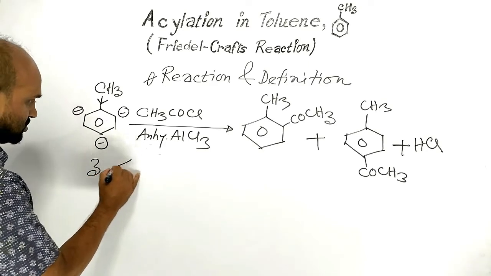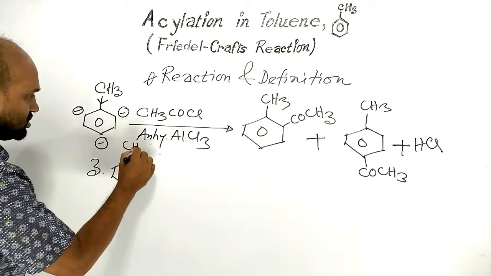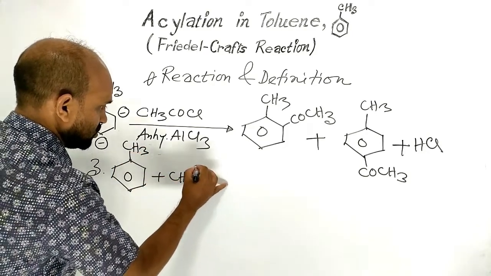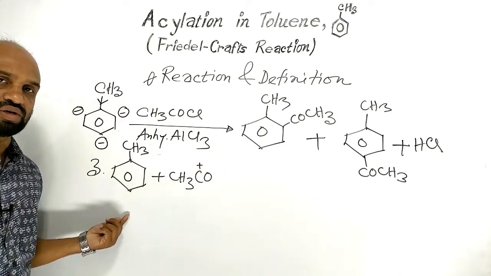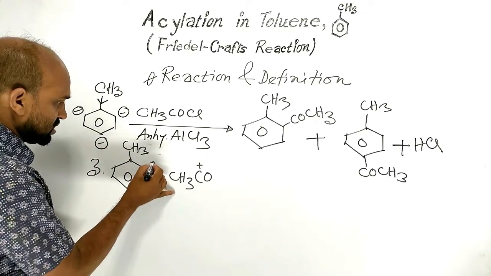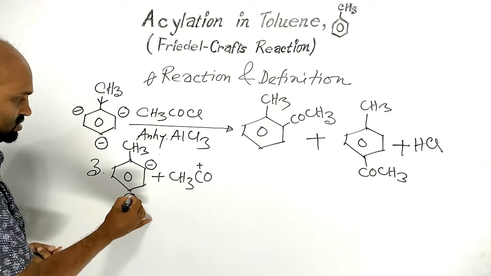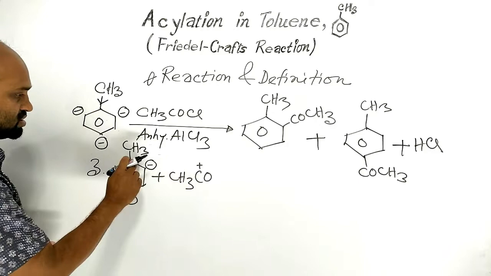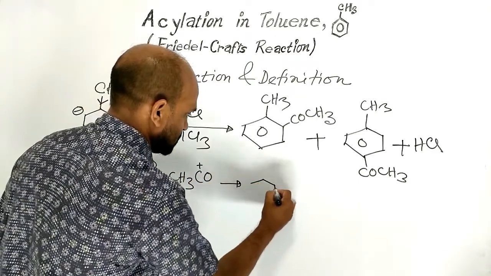Now, step 3. The acetyl cation, CH3CO, reacts with toluene. The methyl group increases electron density at the ortho and para positions. Firstly, the acetyl cation will attack the ortho position to form this compound.